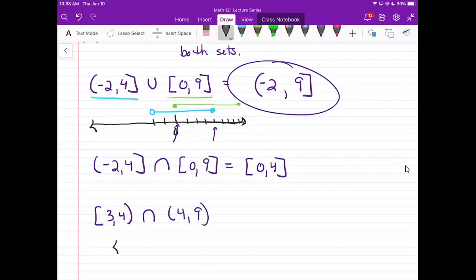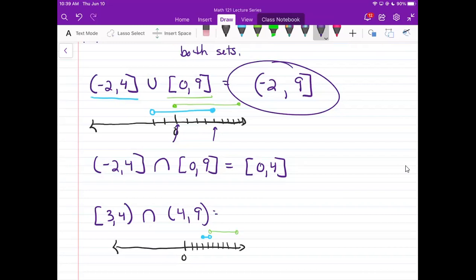Again, if I draw my number line, in blue, I'm going to go from 3, closed, to 4, open. And then in green, I'm going to go from 4, open, to 9, open. And because it's an intersection, I want to know what numbers are both blue and green.